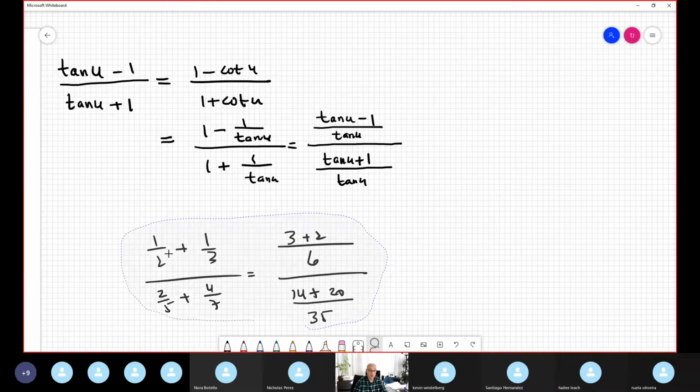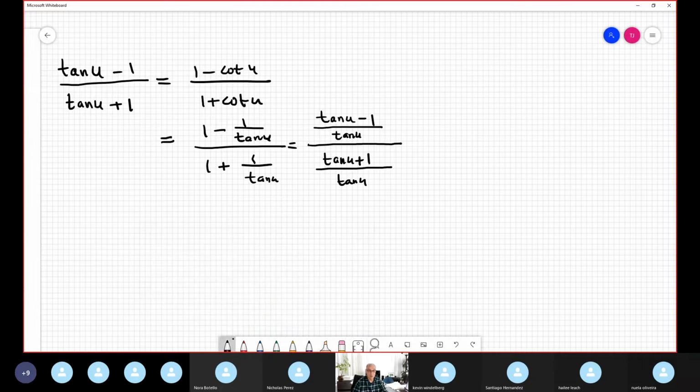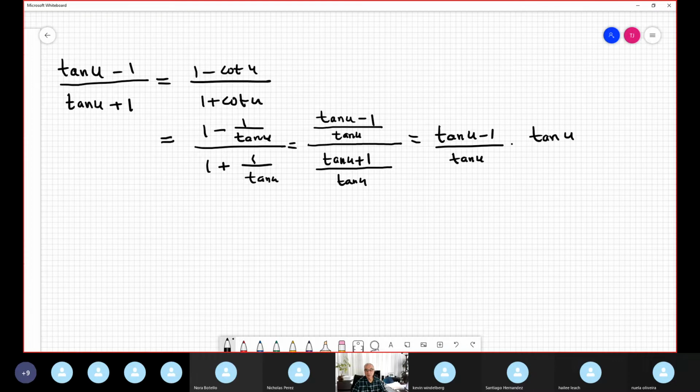So in the last moment, it's a complex fraction. You copy the fraction on the top exactly the same, multiplied by the reciprocal of the fraction at the bottom.